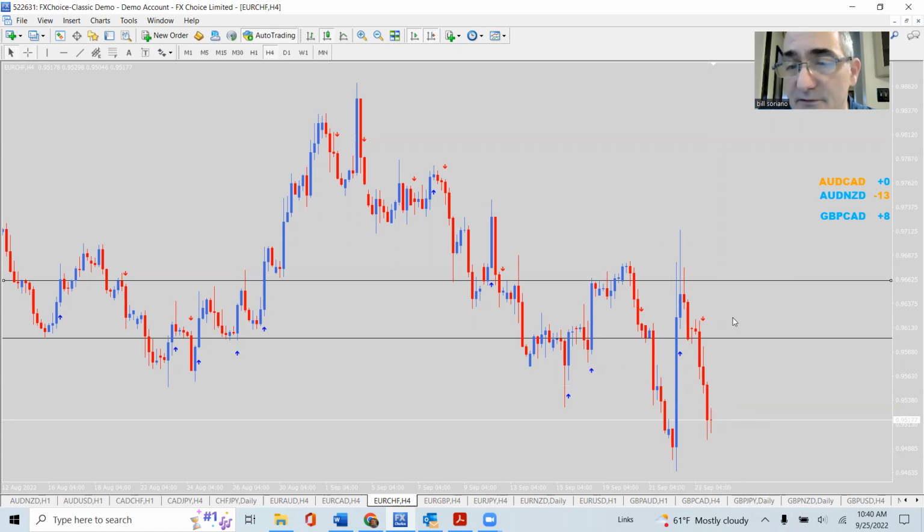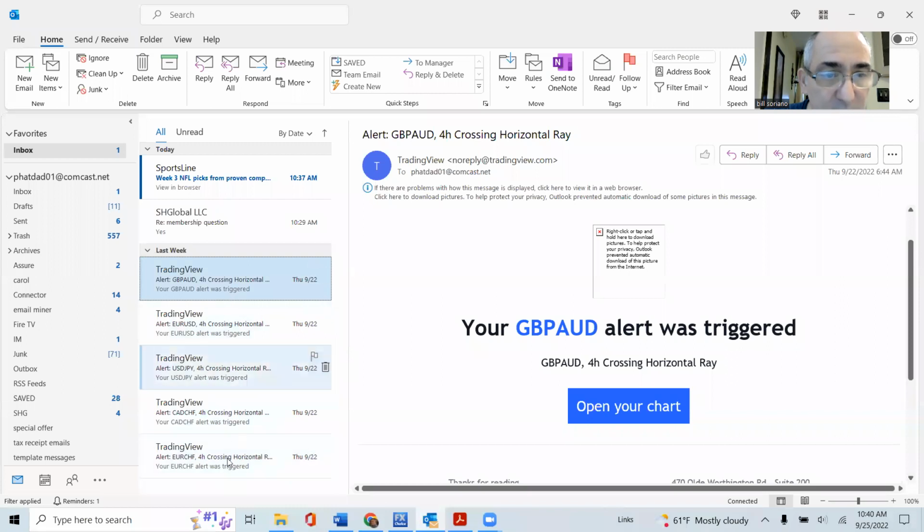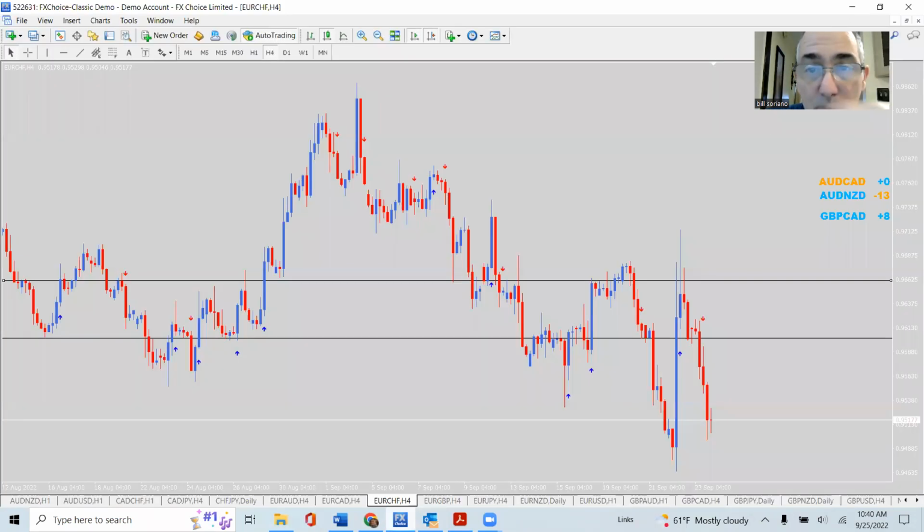So these are just 5 trades that went off on Thursday. I got all these alerts from TradingView on Thursday. Again, I mark up my charts on TradingView, I set the alarms, and when the alarms go off, I get notified. I go to MT4 and check to make sure that the banker candle in the area is valid on MT4.